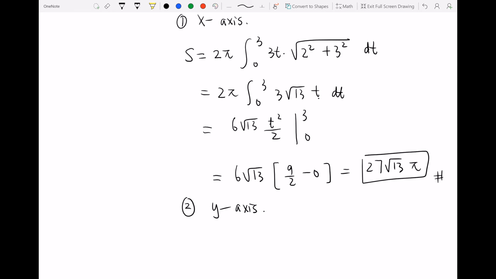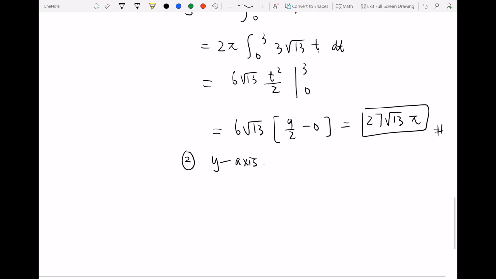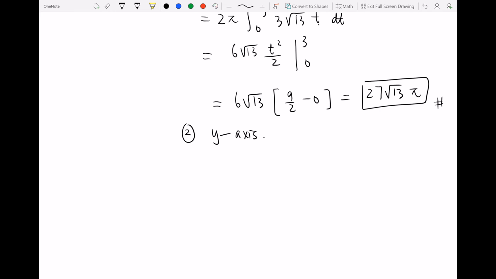All right, Caleb, could you please tell me what you got? I wasn't too sure about this, but if we integrate from 0 to 3 the same way, I think it would be 18 square root of 13 pi. Very good. That's right.